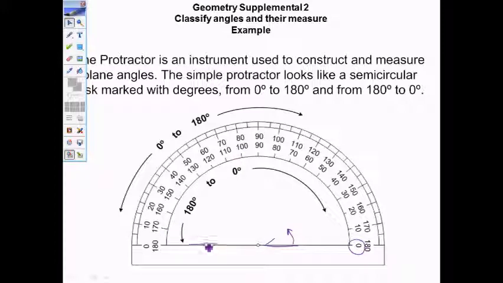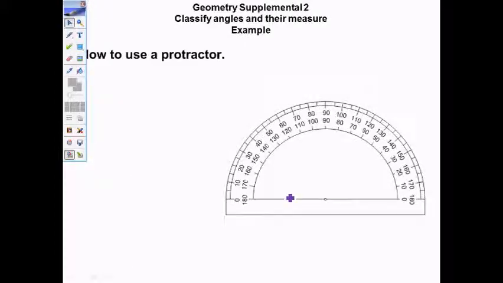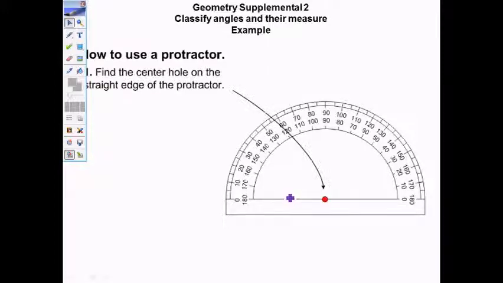If your angle is opening up over this way, like that, you start from 0 here and you read up on the outside. Okay. Now, that was probably really confusing. So, let's look at this. Okay, how to use a protractor.